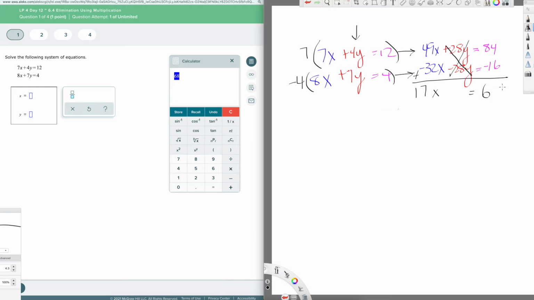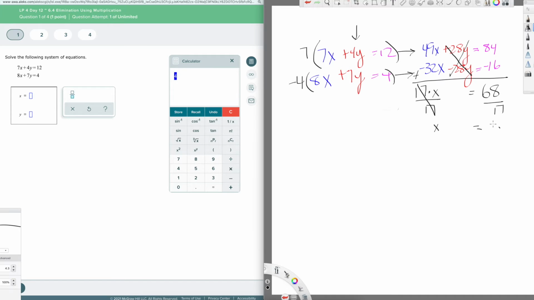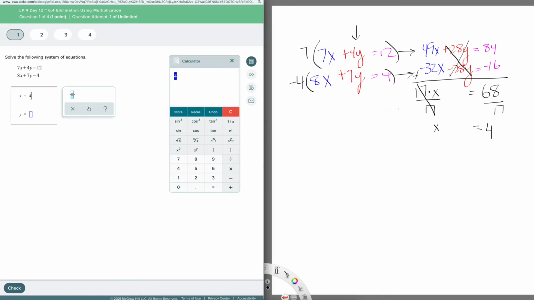So we get 68. And now we can solve for x because it's being multiplied by 17. So I can just divide by 17 on both sides here. So x equals, let's see, divided by 17 is, it does go in evenly. I was hoping it did. Don't know the multiples of 17 right off the top of my head, but all right, so we get x equals 4.